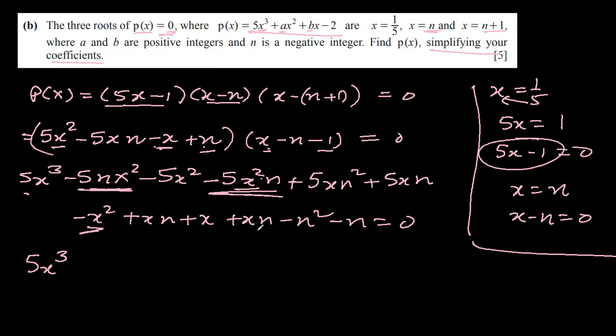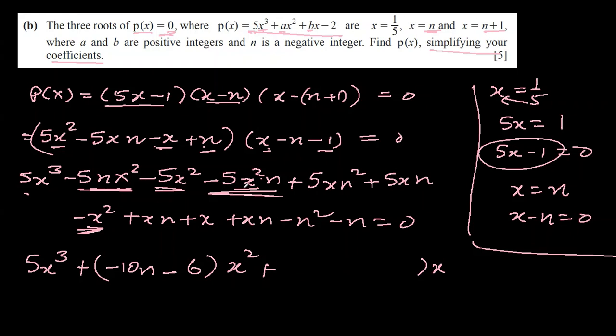There's one x square here also and nothing else. So we get minus 10n and minus 5 and minus 1 will be minus 6 here. Now we will write x.